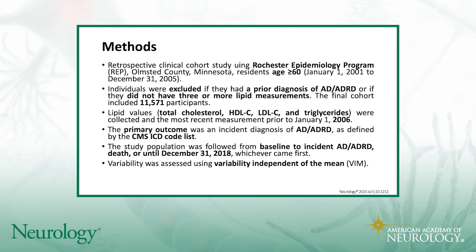The population were followed until 2018 after a period of measuring these changes in the lipid profile. And the researchers used a measure of variability, which is variability independent of the mean. Basically, it takes into account the standard deviation of changes in lipid profile, but factored in with the baseline mean.